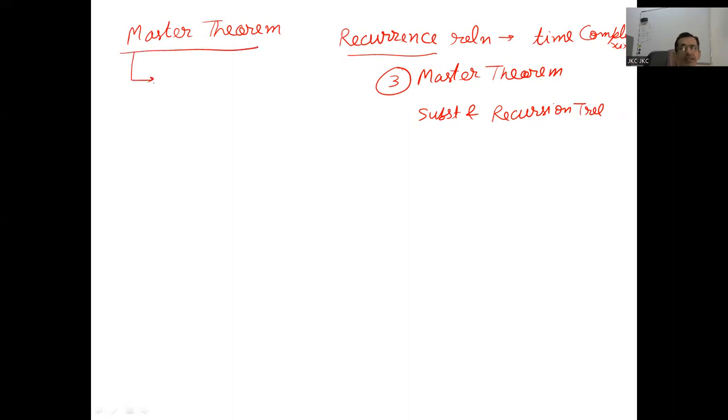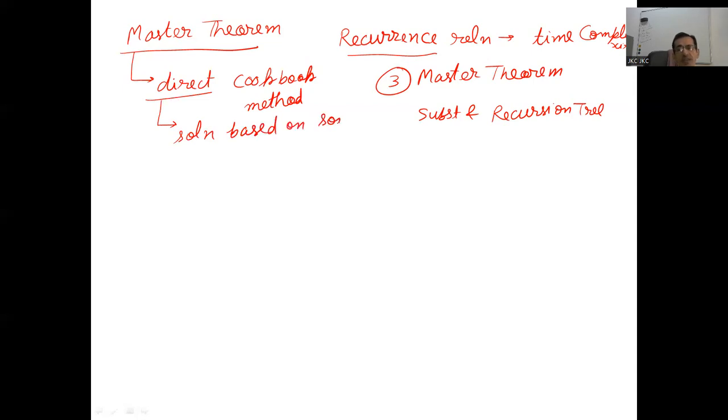Well, it's a direct method, a direct process available, or we normally call it a cookbook method, through which you can directly find the time complexity without any expansion, tree construction, or any rigorous calculations. A direct solution is available based on certain rules or cases. So this is an excellent and fast method, and this is what we are going to see today.